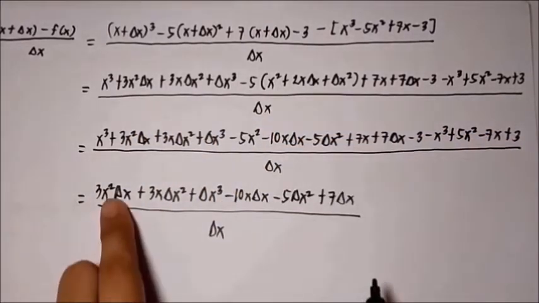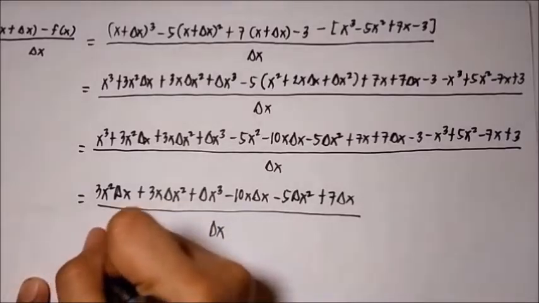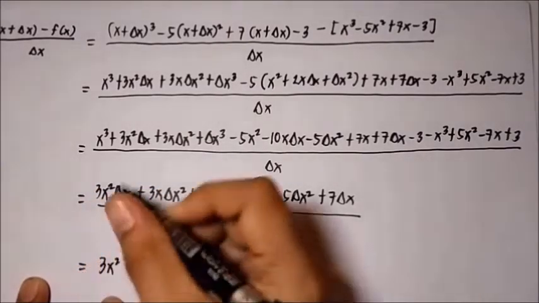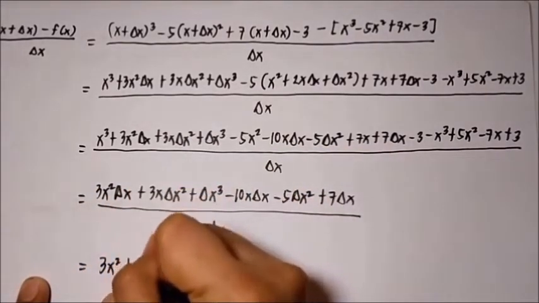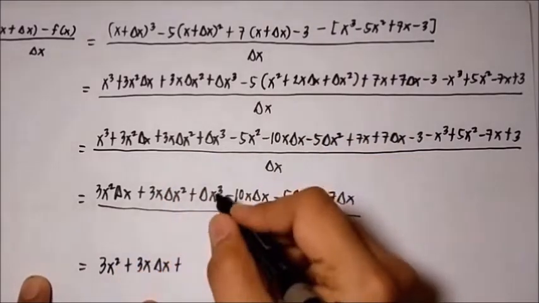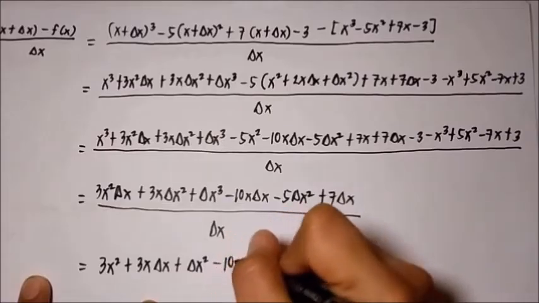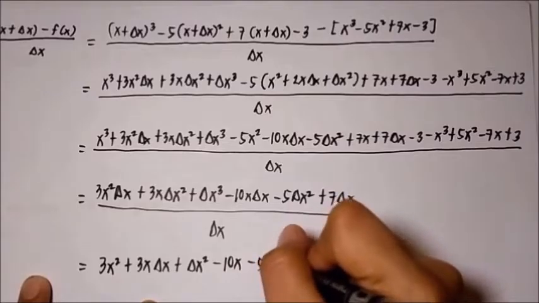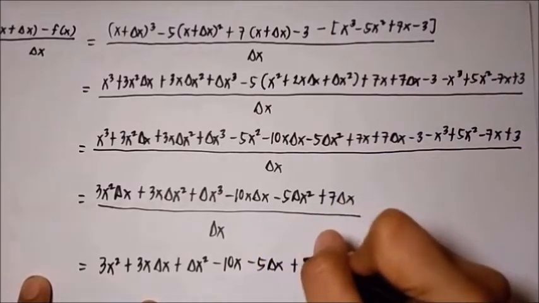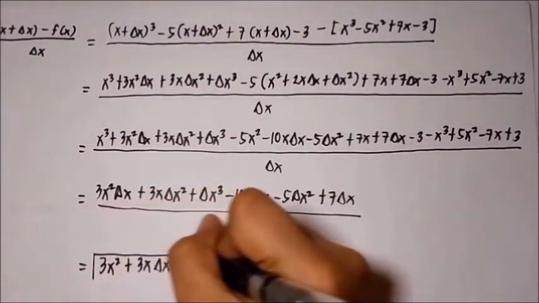So after evaluating the numerator, we will now divide each value on the numerator with delta x. Okay, so this would become 3x squared plus 3x delta x squared over delta x, that would be delta x. And then delta x cubed over delta x, so delta x squared. Then negative 10x and then negative 5 delta x positive 7. Okay? So this would now be the value of the given function.